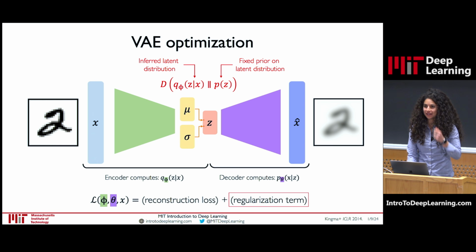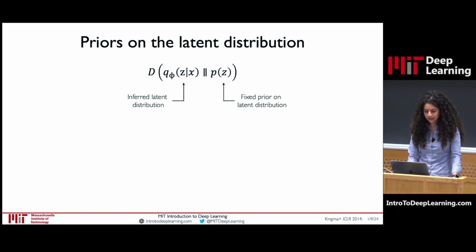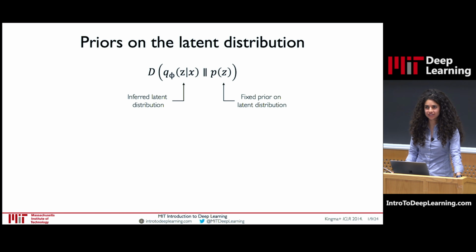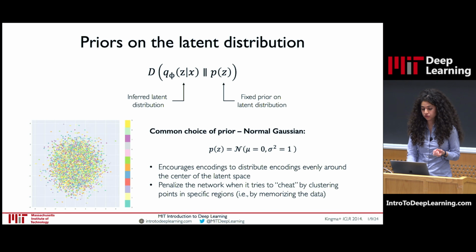Question, how do we choose that prior? So the most common choice, and what's done very, very frequently in practice, is to assume and place the prior of a normal distribution. What that means is it's normal Gaussian, meaning that we assume each latent variable is centered with mean 0 and has a standard deviation and variance of 1.